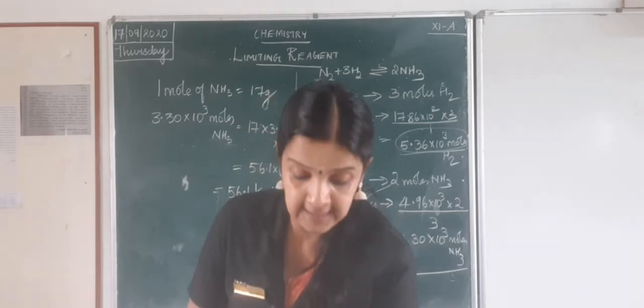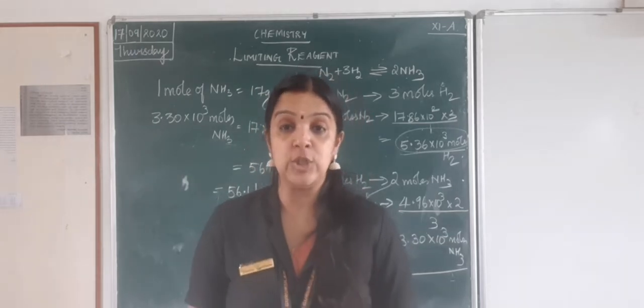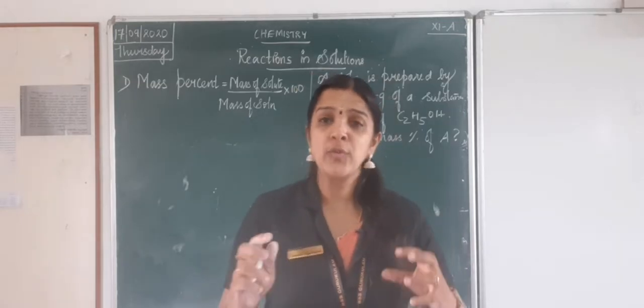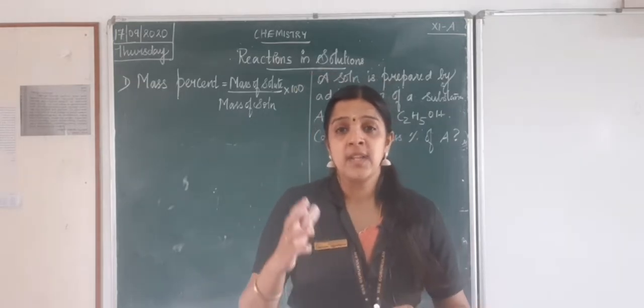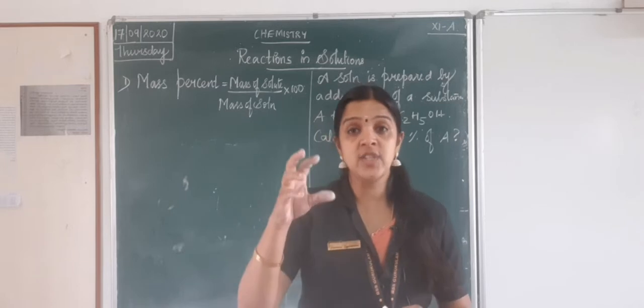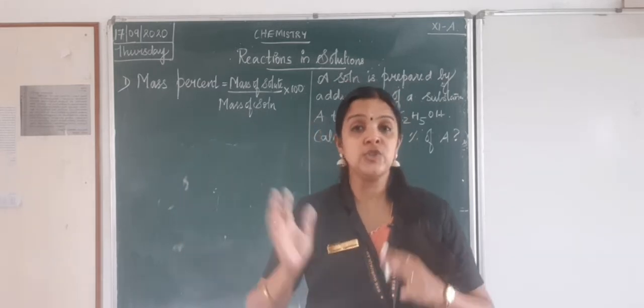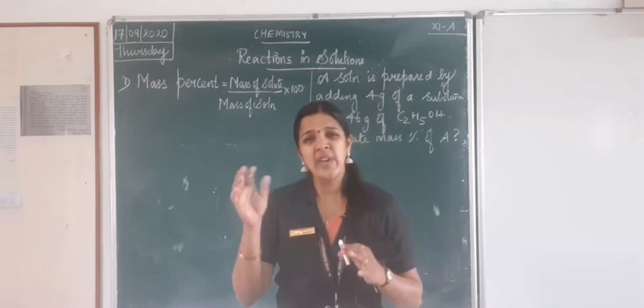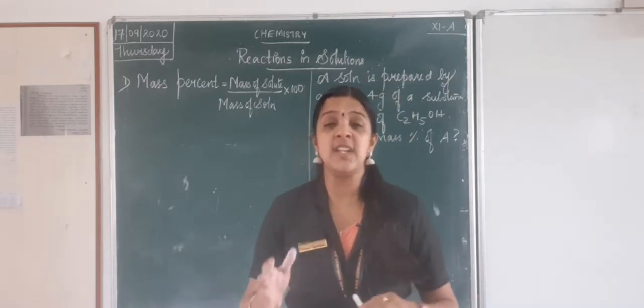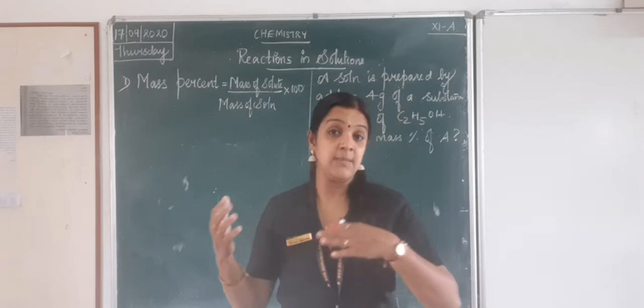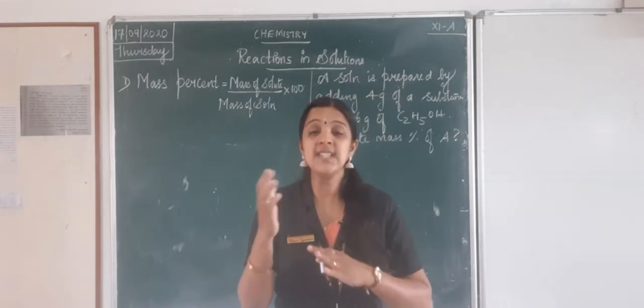Now we will be learning about reactions in solutions. Why do we take solutions? Because there is some solvent in which some amount of solute is dissolved and you get a solution. Whenever we talk about a solution, it can be concentrated or dilute, but what does it depend on?